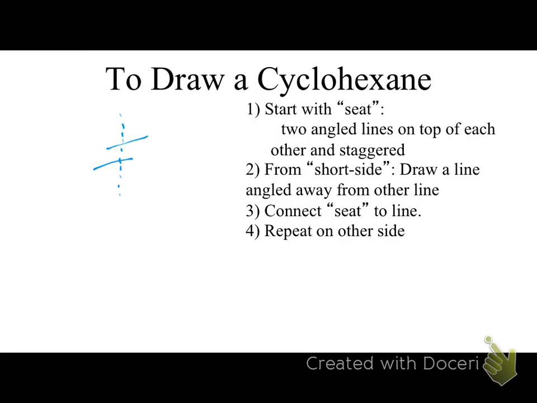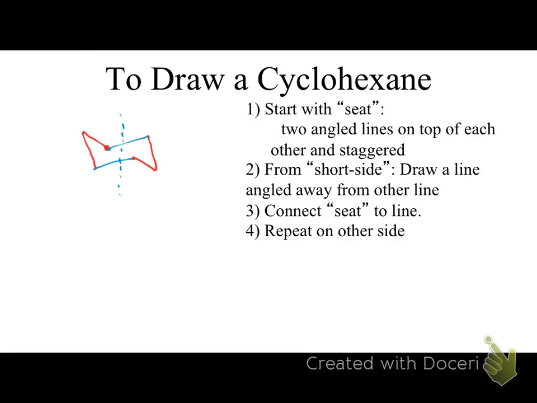If I start on the left, my short side is now right there, and I'm going to draw a bond angled up and away from it. I'm now going to connect that to my bottom one. We'll move to the other half of the structure. Again, I'm going to pick the short side, and I'm going to draw that angled away from my longer line, which will be down, and then connect. There's a chair.